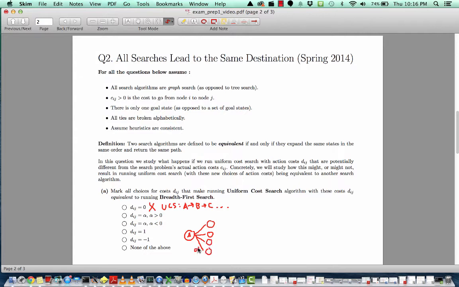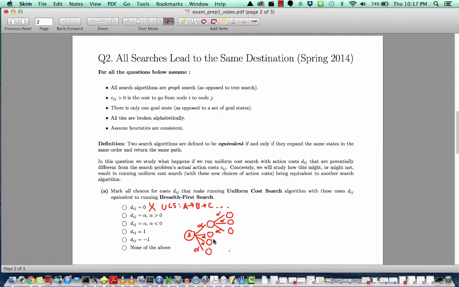The cost to each of these states is alpha, and as you add on more states, the cost of these states are also alpha. So the cumulative cost of all of the nodes in the first level is going to be alpha, and the cumulative cost of all of the nodes in the second depth level is going to be 2 alpha.